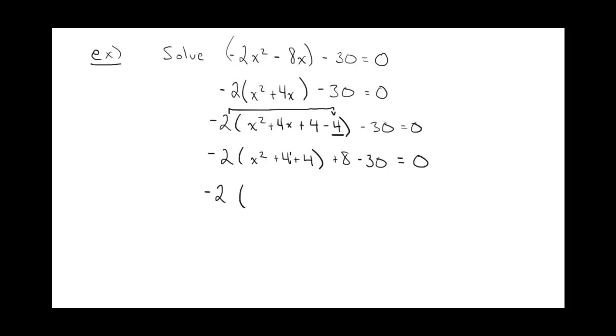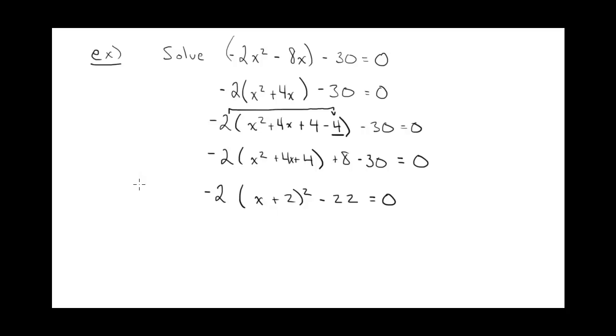Oh, sorry, I missed the x there. Now we'll factor this bracket here. So negative 8 minus 30, negative 22.